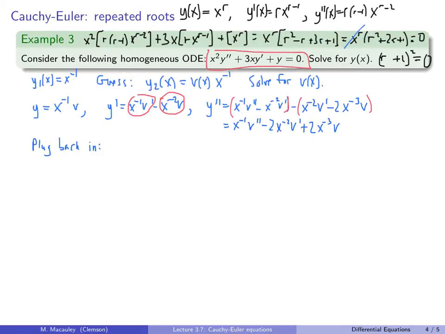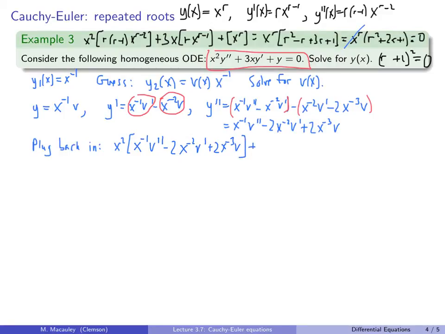So, okay, so x squared y double prime, that's x squared times this creature, x to the minus 1 times v double prime minus 2x to the minus 2 times v prime plus 2x to the minus 3 times v.